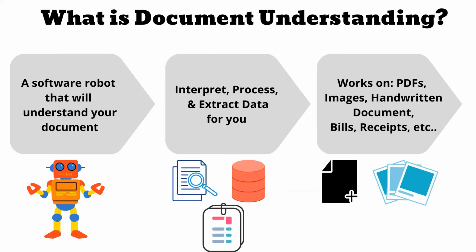So these are the three statements you need to keep in your mind when you want to explain someone what is document understanding. First is a software robot. It will interpret the data and it works on PDFs, images, handwritten documents. You can say electricity bill, your water bill or gas bill, different purchase order receipts, or you can say passport, license. It works on all the types of documents.